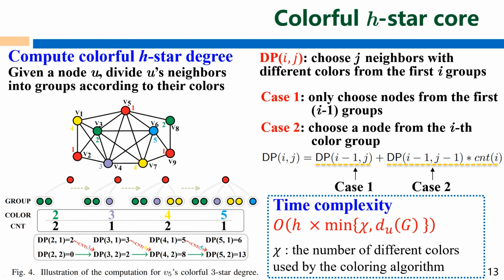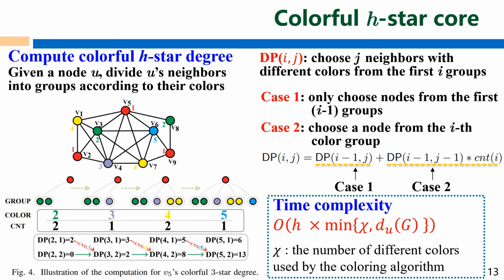As we know, computing colorful edge star degree is equivalent to computing the number of ways to choose H-1 labels with different colors. Here we propose a dynamic programming algorithm to compute this number. Given a node U, we first divide the labels of U into different groups according to their colors.